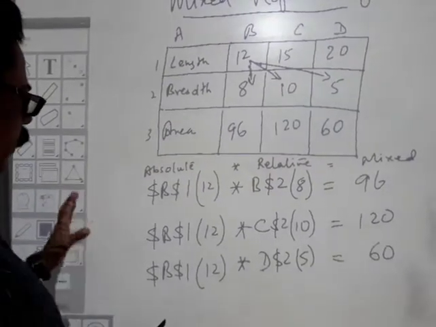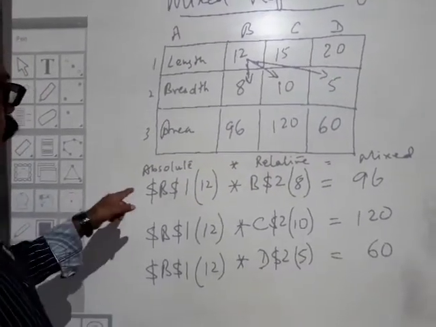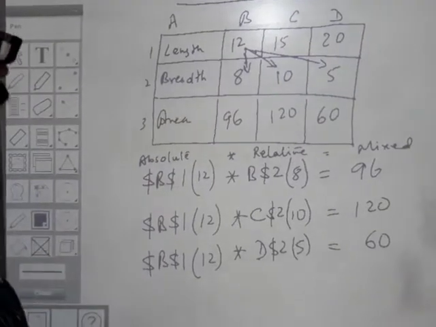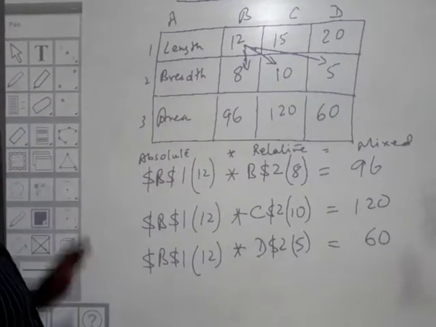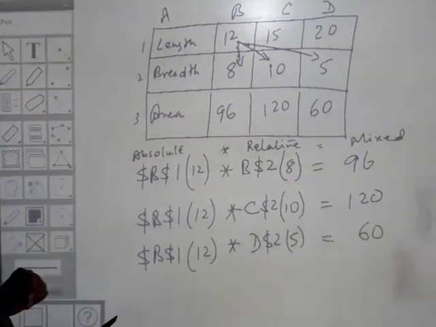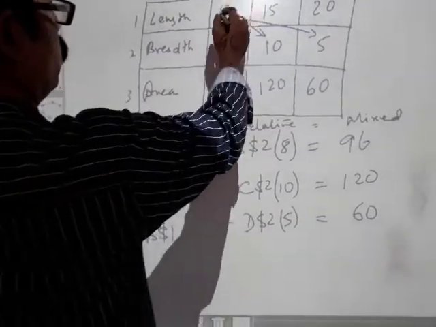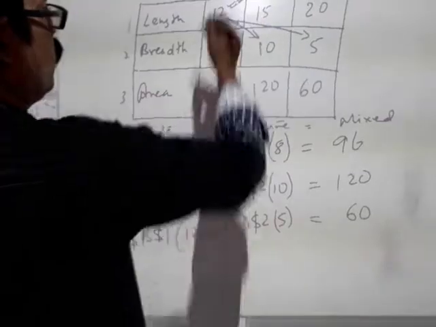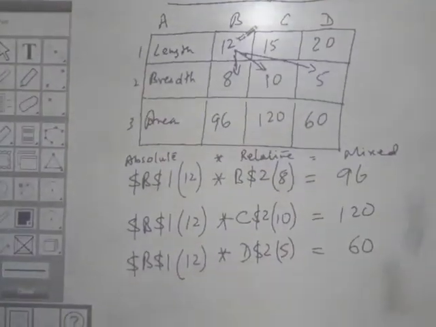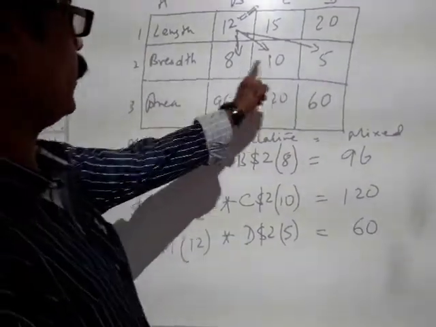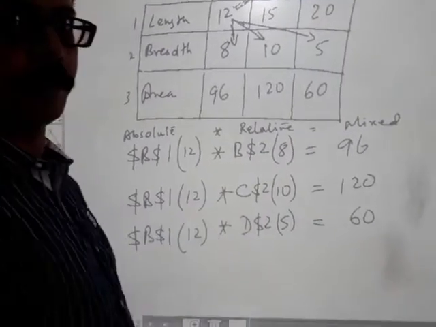If you notice, $B$1 is kept as absolute. $B$1 is 12. So 12 is kept as absolute, while the other cells are kept as relative.